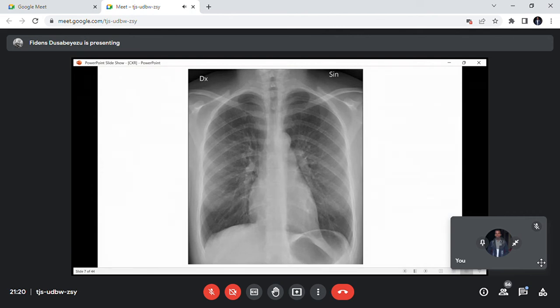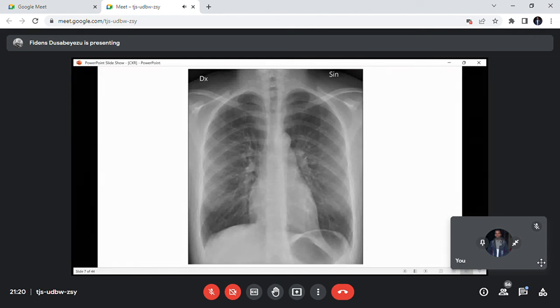Where do pulmonary vessels pass in the lungs? Lung hilum, lung, what we call interstitium. Interstitium, do you remember? It's a connective tissue separating the alveoli, as I have said. It's called interstitium or connective tissue in the lung.